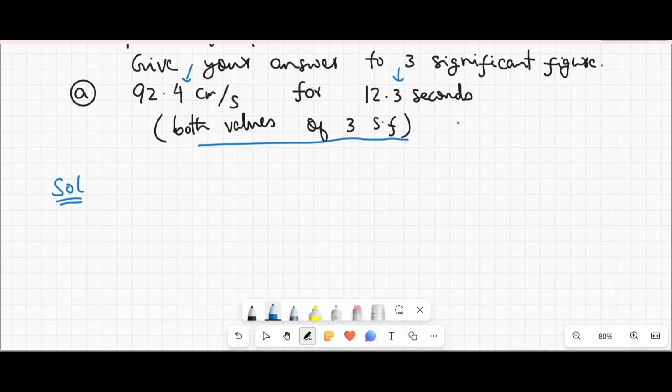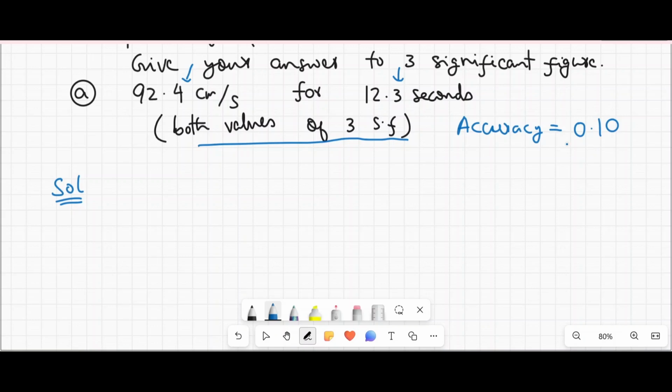Now the accuracy for this will become 0.1, the tenth place of a number.